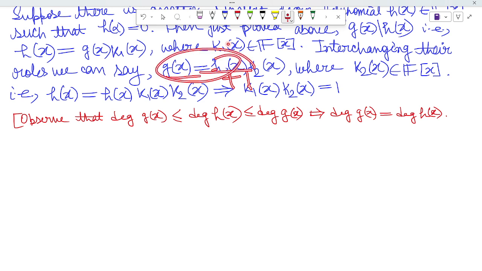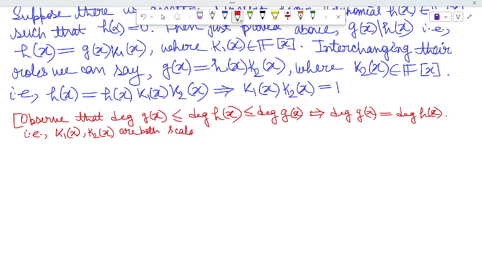So it is impossible unless it is a scalar. That means k1(x), k2(x) are both scalars.